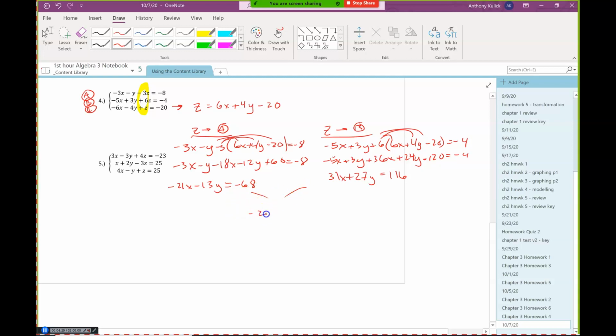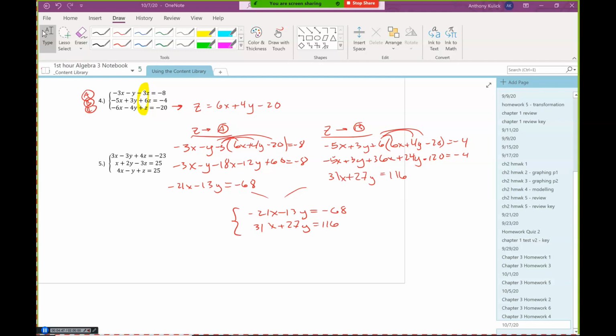This now becomes our new system of equations. Oops. So I'll recopy those. So far, so good, Jacob?